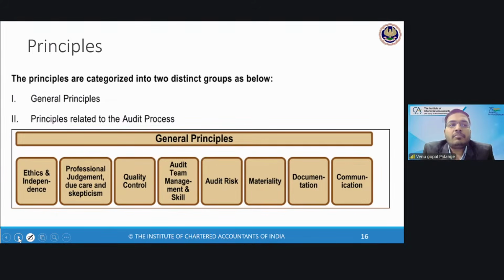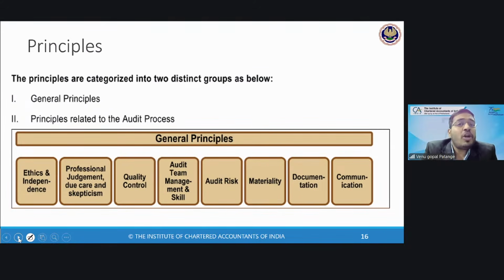And you need a team who are experienced enough to perform the audit. If they don't have enough skill, you are sending the wrong person to the audit. So the principles are pretty much known to you. They have been covered in various other chapters of audit, right? So we will not cover it, and even the ICAI material in this chapter does not talk much about this. Okay.